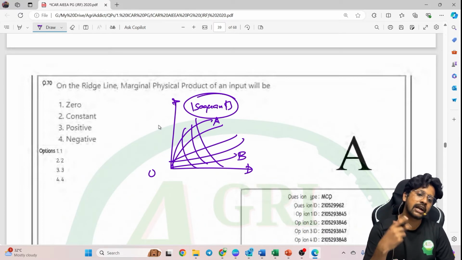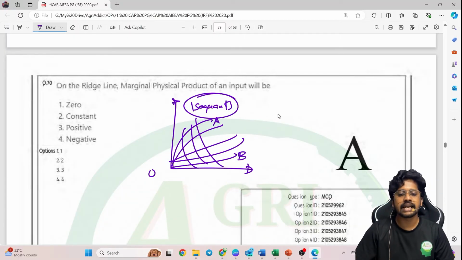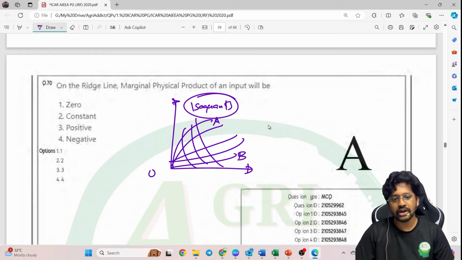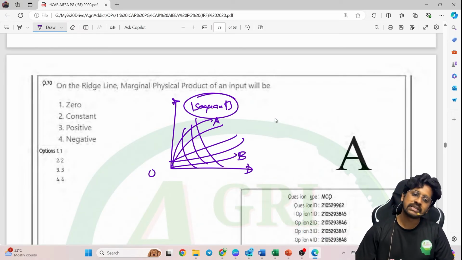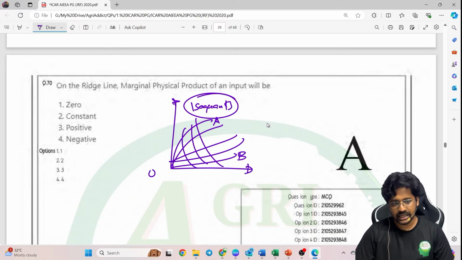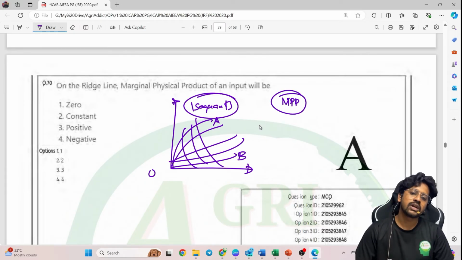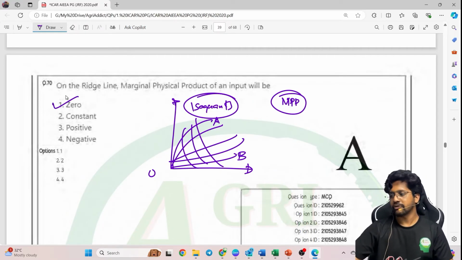The production will be unfeasible outside the ridge line. So what happens along the ridge line? Along the ridge line, the marginal physical product of at least one input will be 0. The ridge lines will be constructed in such a way that the marginal physical product, that is MPP, of at least one input can be 0. So therefore the answer will be option 1.